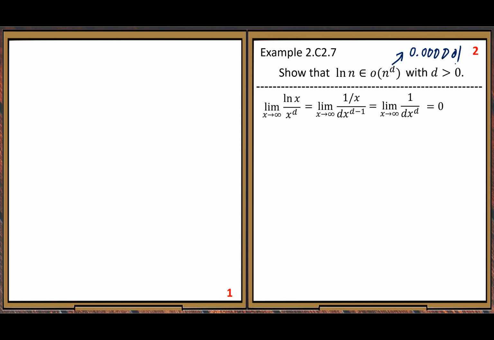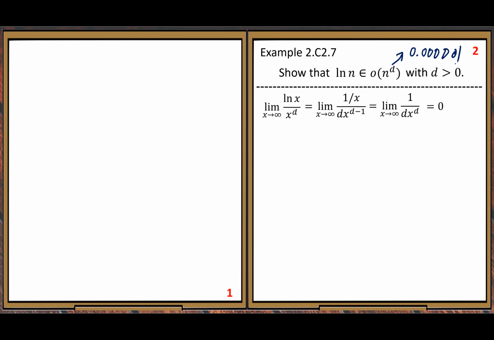That is a very small positive number. You can see, 1 millionth, right? D equals 1 millionth. You take the 1 millionth root. How small it is.